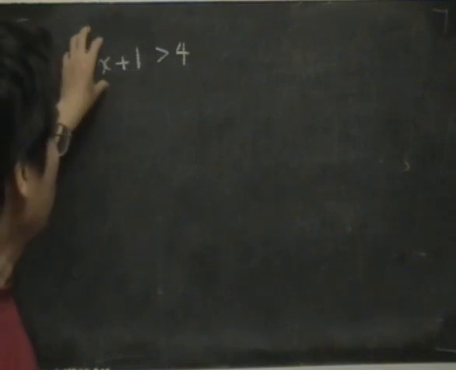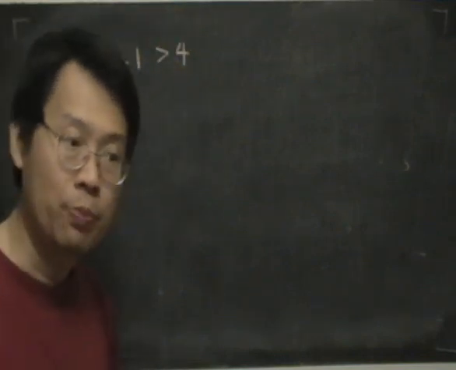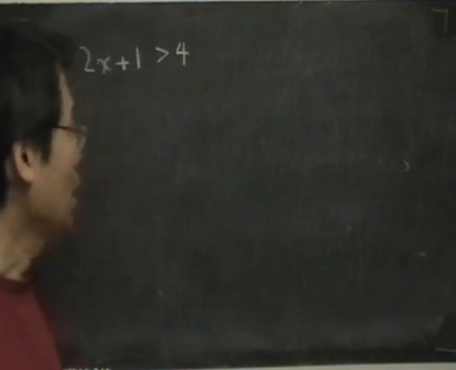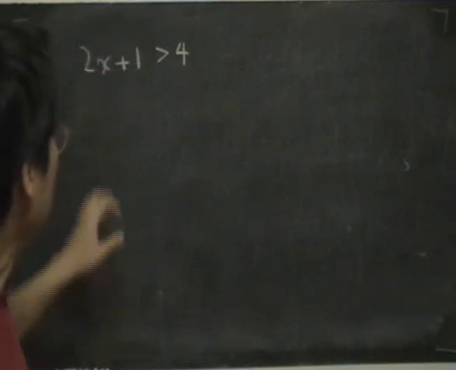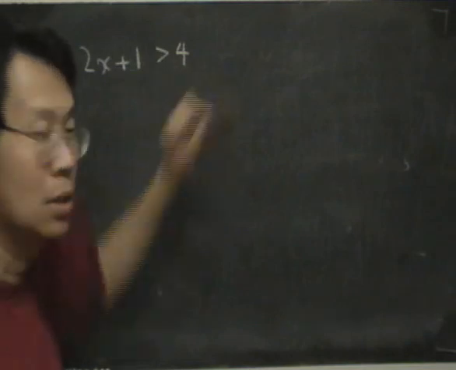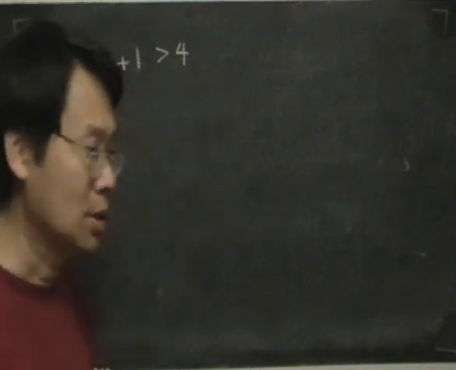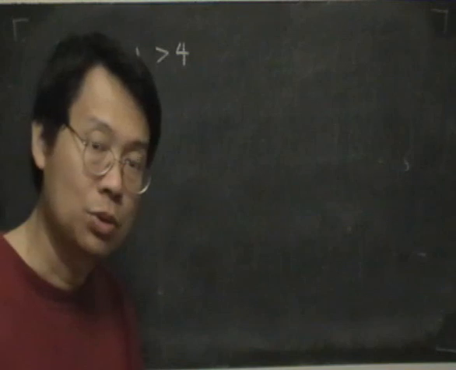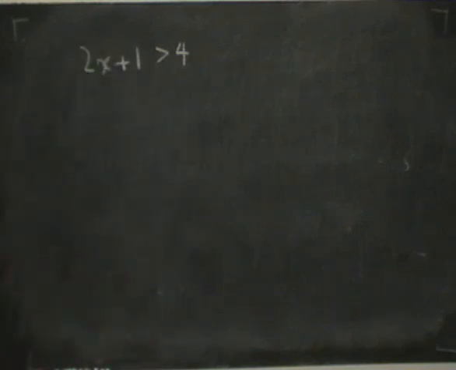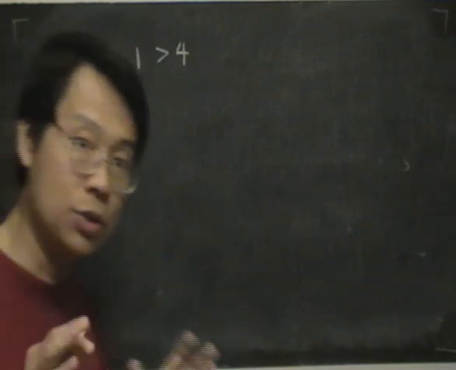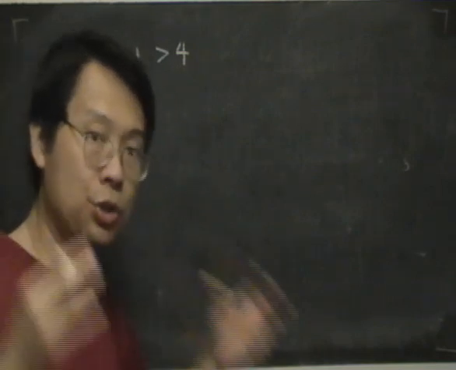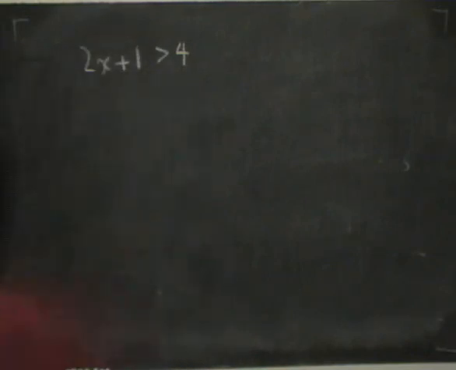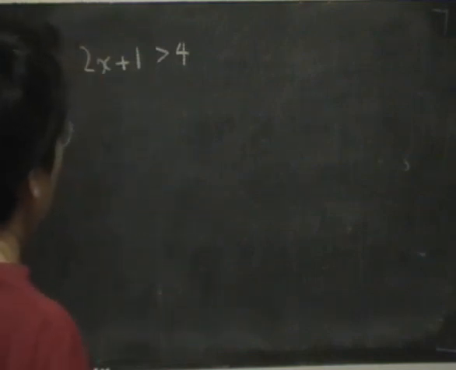Okay, we would rearrange the inequality using the same methods in algebra until we have just x on one side and numbers on the other side, and then that would be the solution. Now, what we want to do now is to find the solution and show it on a number line. Okay, so let's do that.